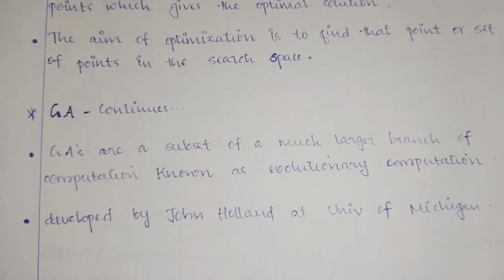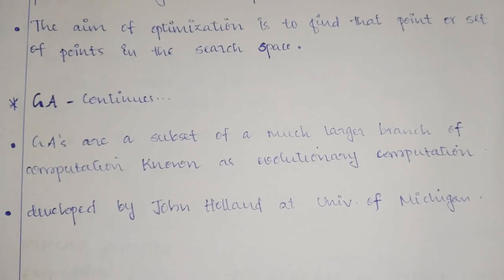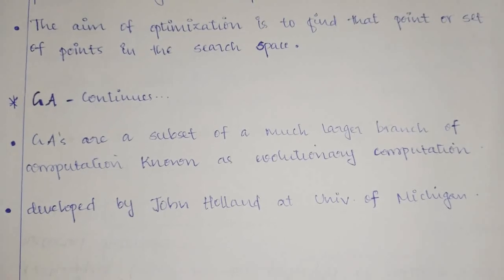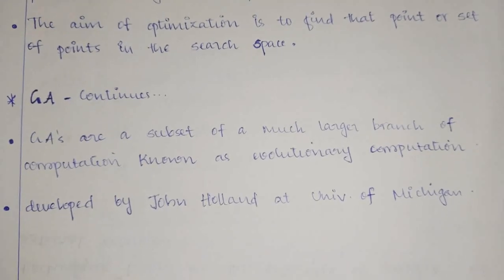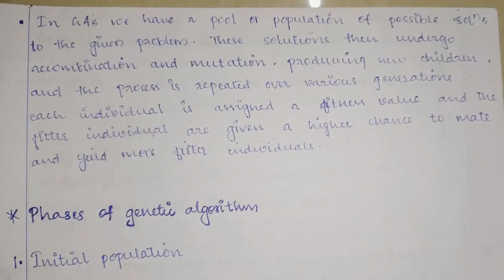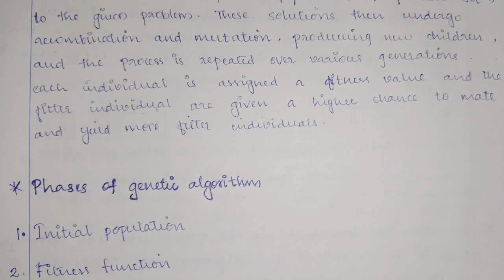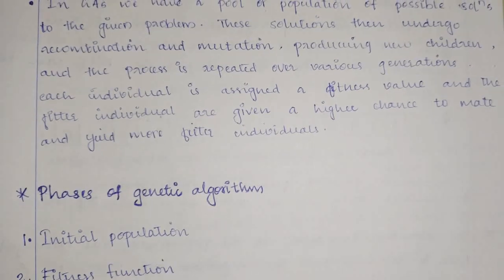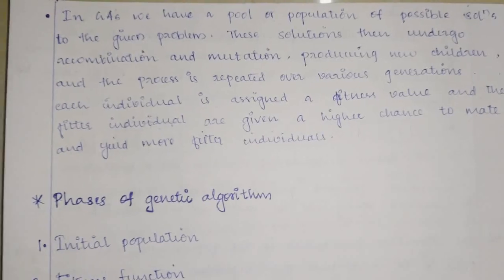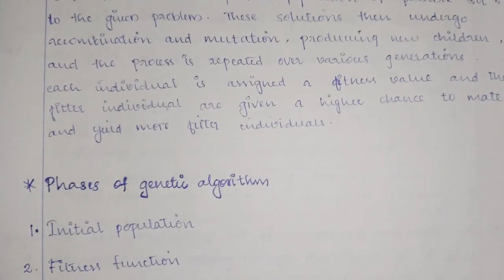Now, GA is a subset of evolutionary computation which was developed by John Holland, a professor at the University of Michigan. Now let's see the central concept of genetic algorithm. The central idea behind genetic algorithm is that it has a pool, or a population, of possible solutions to the given problem.